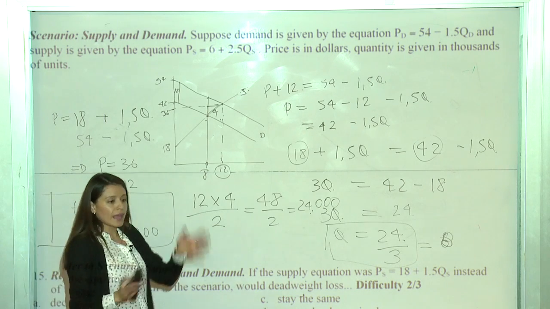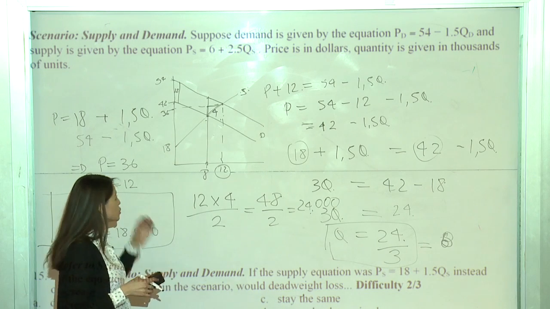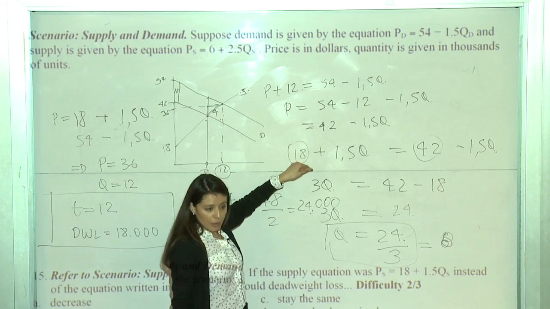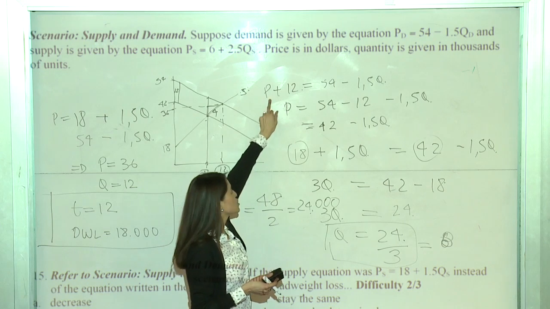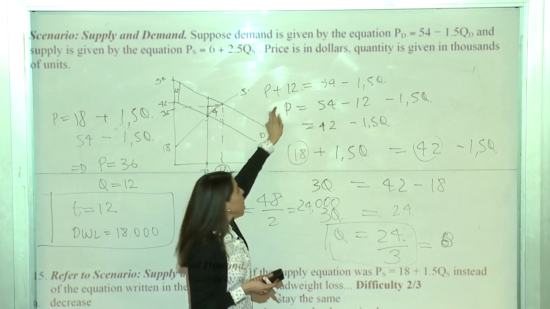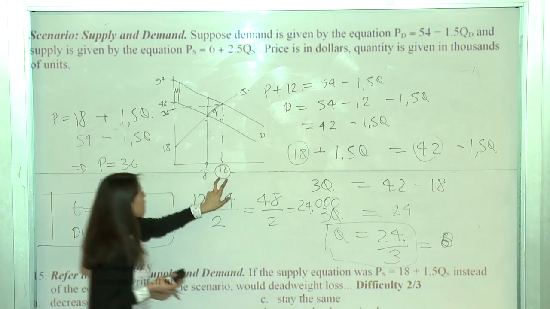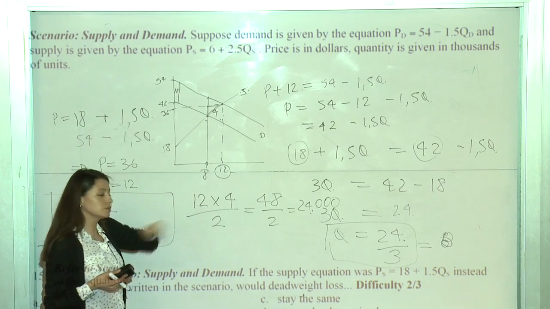So again, the only thing that you have to know here is how to calculate the deadweight loss. So how do you do it? You plug the tax either in the supply function or in the demand function. If it is in the demand function, you subtract the tax from the price. You create a new demand function, find the new equilibrium quantity, find the difference, multiply the tax times the difference, divide by 2. Okay?